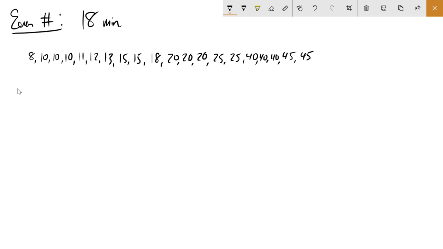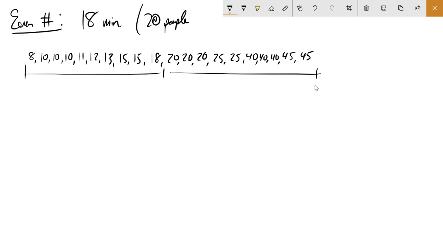So now what happens is that if you throw me in, now we have 20 people. And if you try to split the data in half, it doesn't work that well, because if you split it, there's 10 above and there's 10 below. And so there is no number directly in the middle. So how do you pick? You don't want to pick just one or the other because these numbers happen to be pretty close, but they might not be in some data sets.